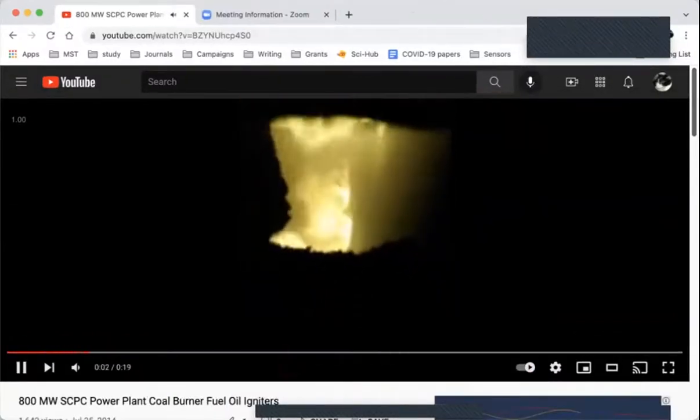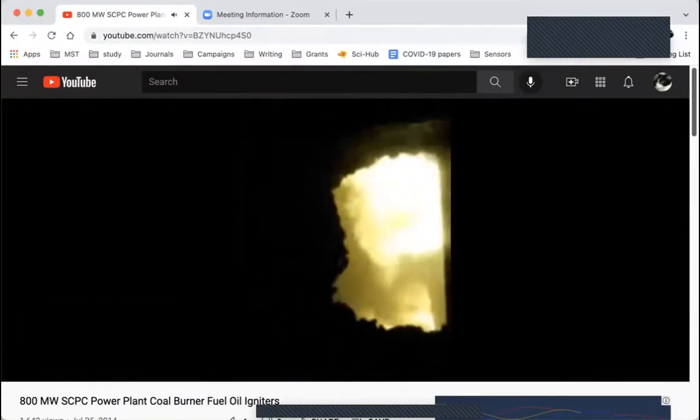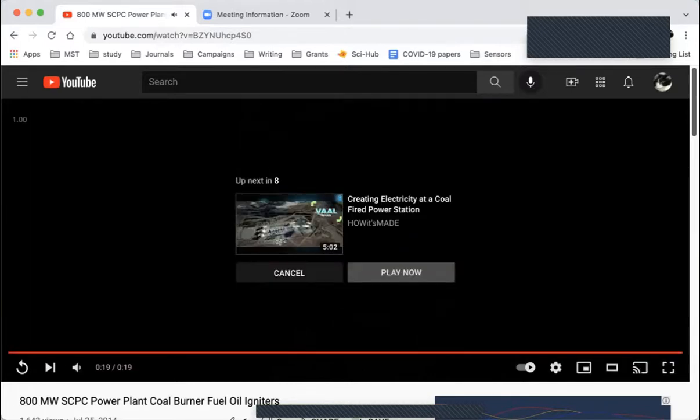Okay, so this is one of them. There is also another one. This is an 800 megawatt co-combustor. This is, I would say the flame looks brighter, right?